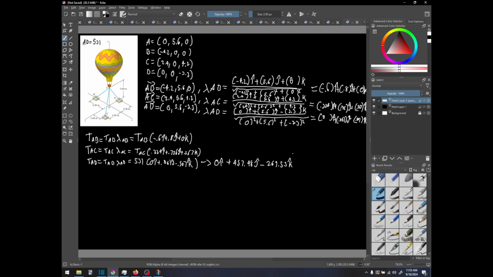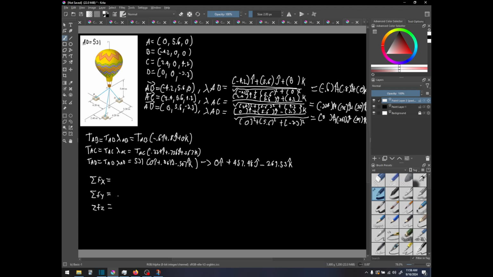Wonderful, splendid. And now we move on to equilibrium. Sum of the forces in the x direction. Sum of the forces in the y direction. Sum of the forces in the z direction. Okay.